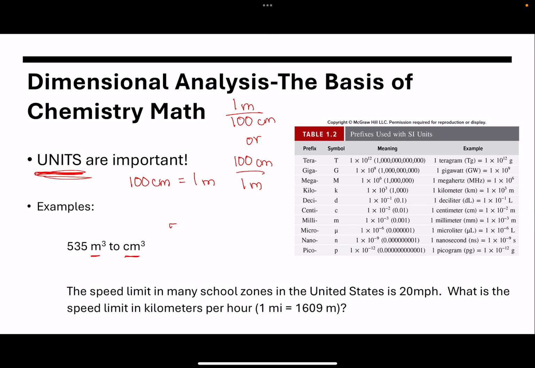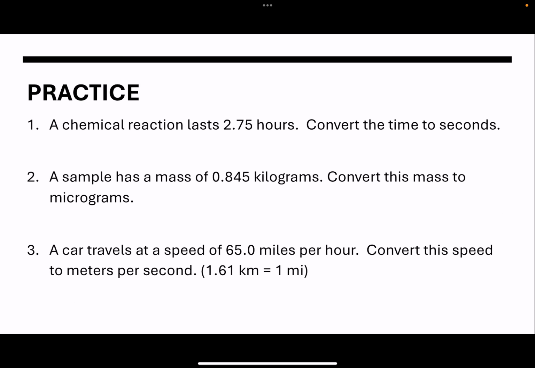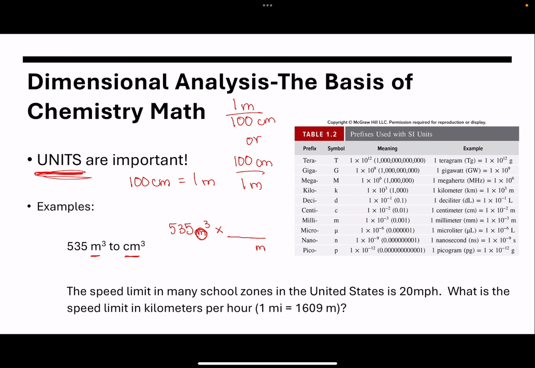Now, since we have the number 535 cubic meters, if we want to get rid of the meters here, if we want to cancel it out, then we're going to have to put meters on the bottom of our factor. So we're going to put meters on bottom and centimeters on top. So that means we know that we want to use this one. So we're going to put 100 centimeters on top and 1 meter on bottom.